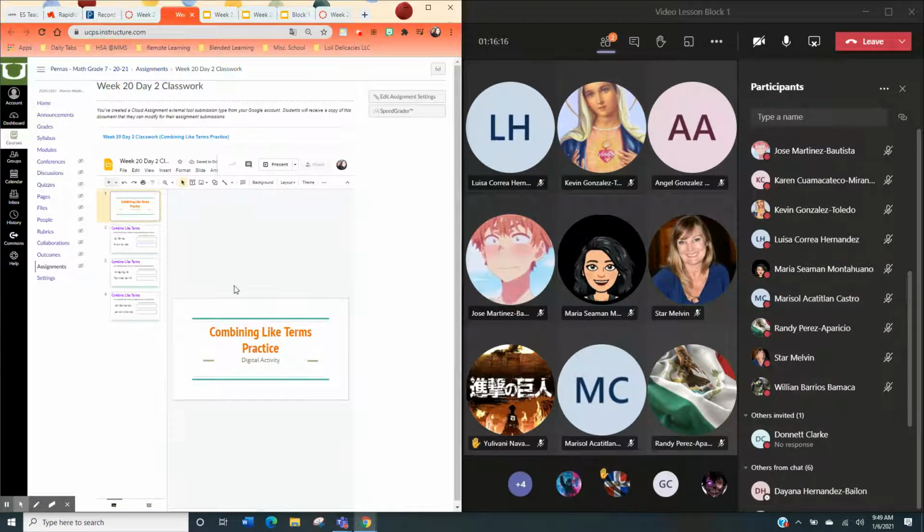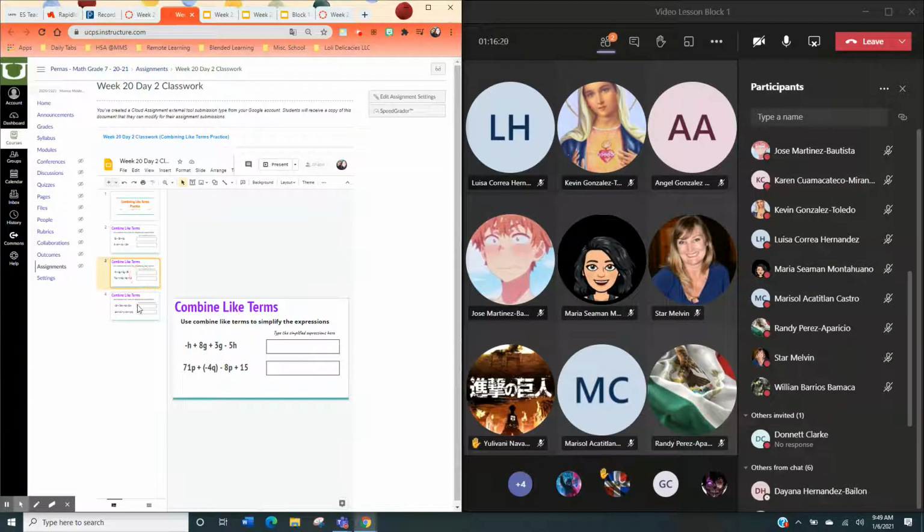Combining like terms. There's 1, 2, 3 slides. So I should not be getting people that only turn in 1 slide. So those are 2 things that you need to have complete by the end of the block.